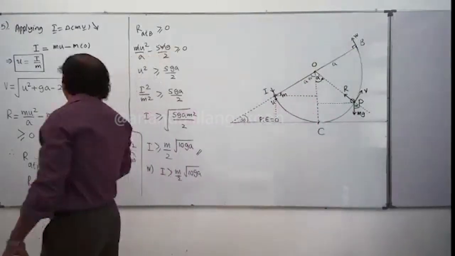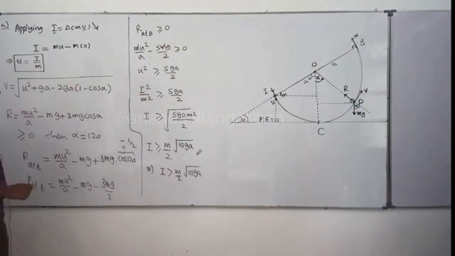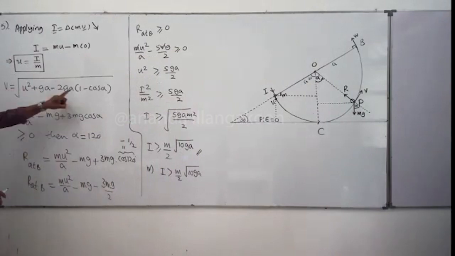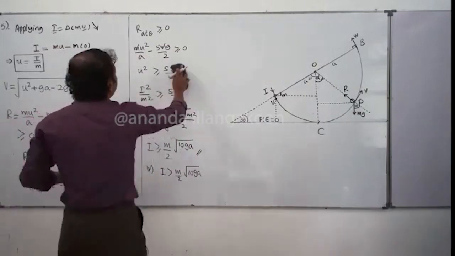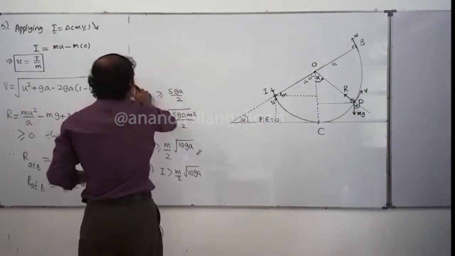Okay. Then we need that velocity when the particle begins the projectile motion from B. That can be found by putting here alpha 120. That W we can write now.